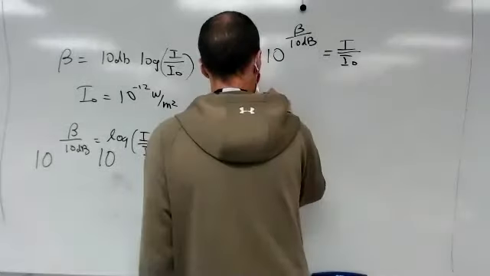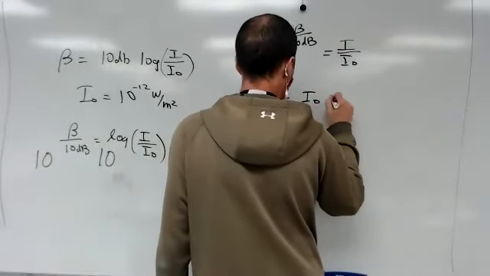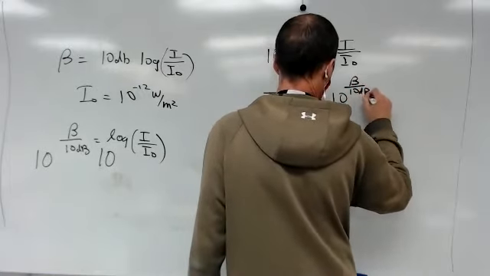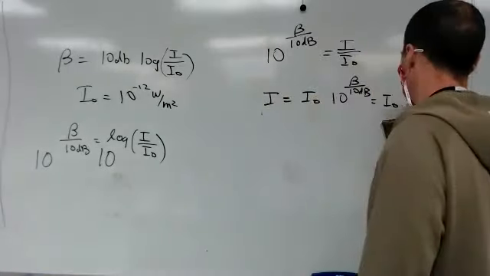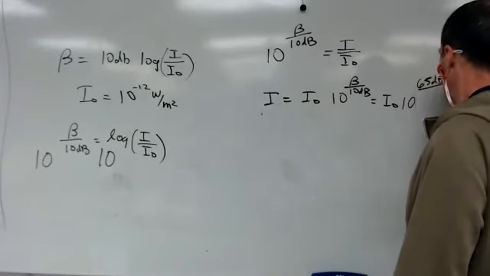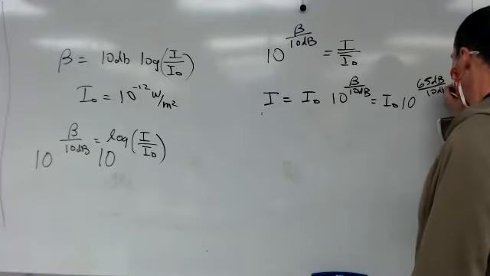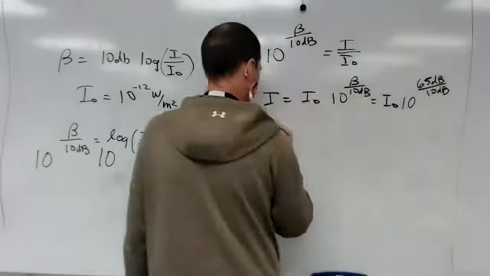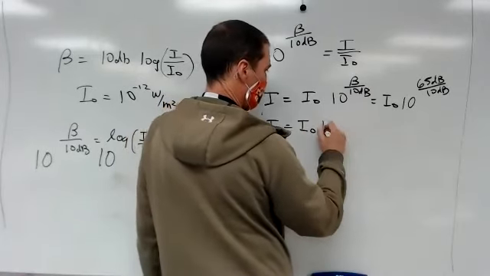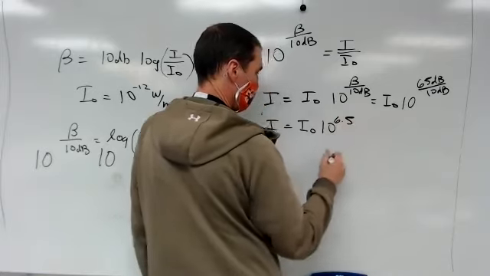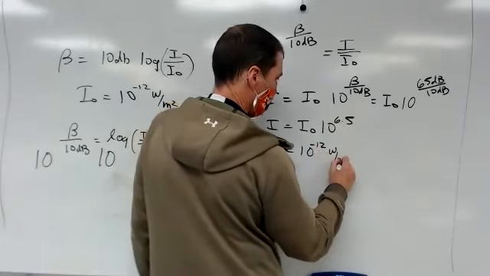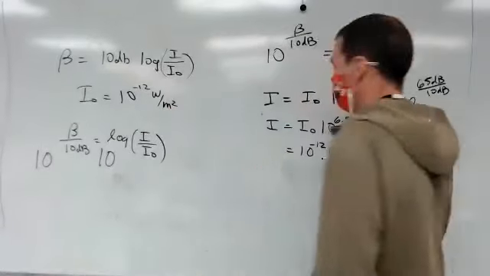And so this gives me I is equal to I0 times 10 to the beta over 10 decibels, which is I0 times 10 to the 65 decibels over 10 decibels, which is I0 times 10 to the 6.5. So this is 10 to the minus 12 watts per square meter times 10 to the 6.5.